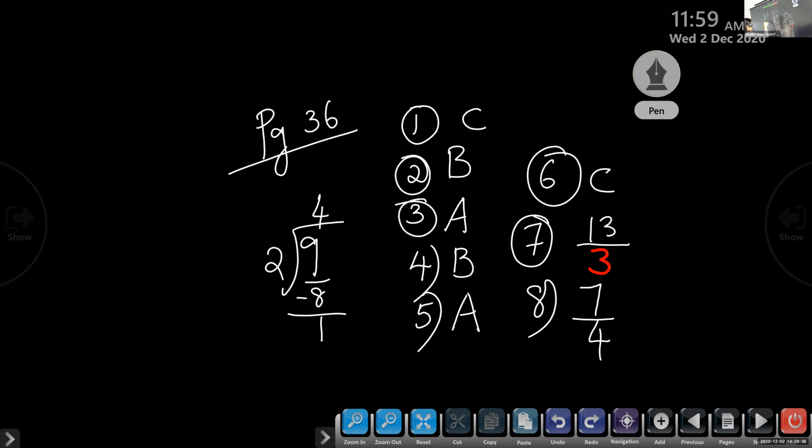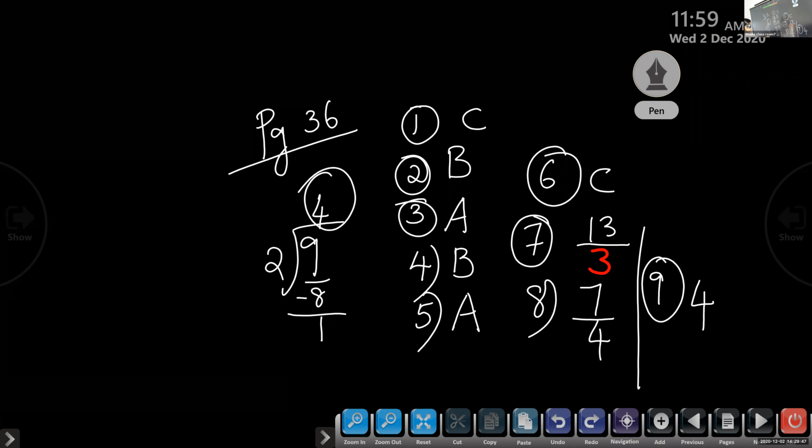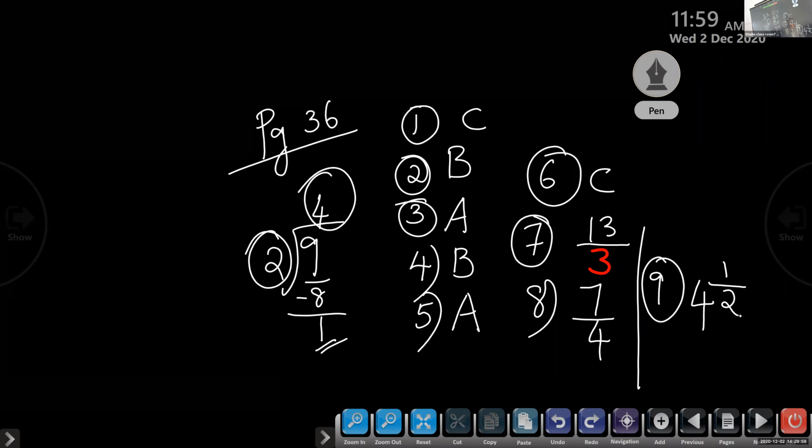So 4 is the whole number. You have to write here, question number 9. 4 is the whole number. And which is the remainder? 1. And which is the denominator? That is 2. 4 and a half. 4 and 1 by 2.